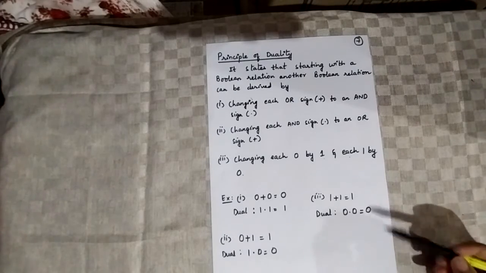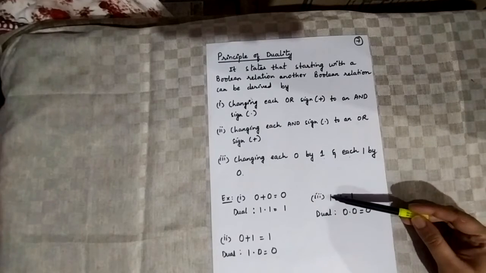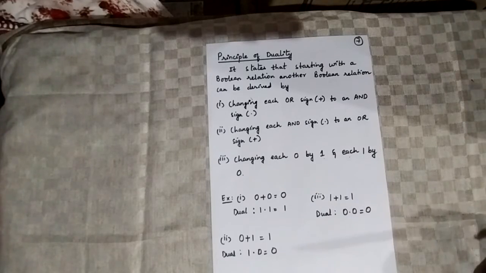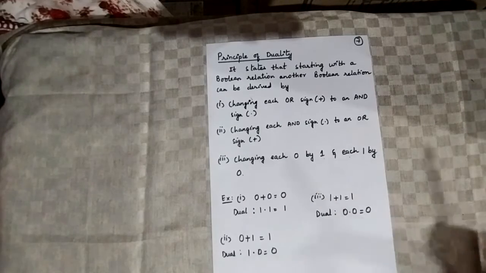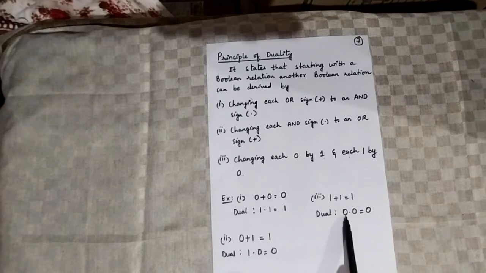Similarly, coming to the third one, it says 1 plus 1 results in 1. So the dual of it is going to be changing this 1 to 0, plus to dot, 1 to 0, 1 to 0. Okay. So this is the principle of duality, which says starting with one particular relation, we can derive another relation.